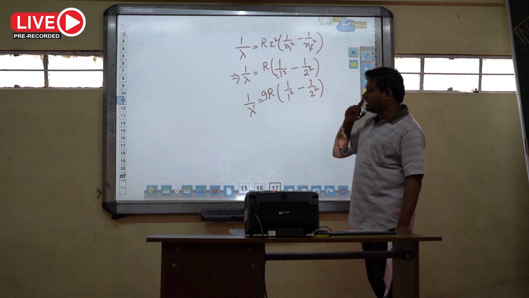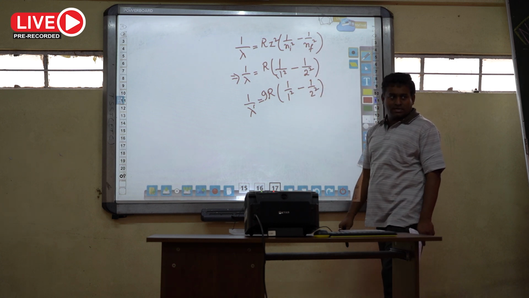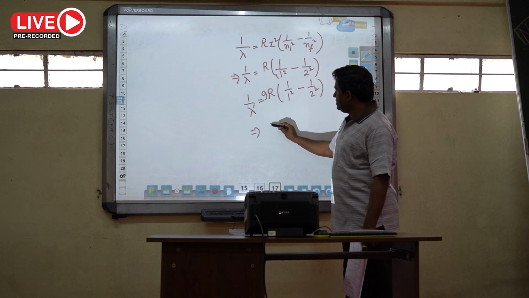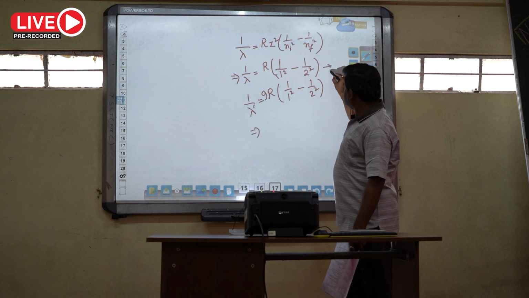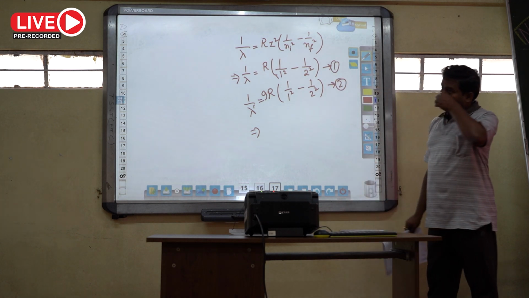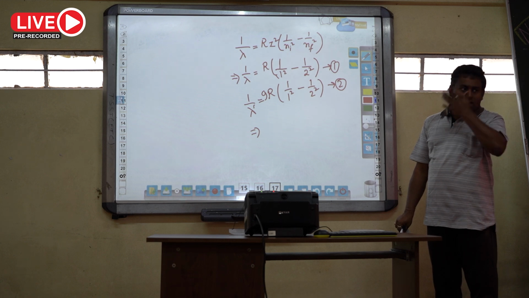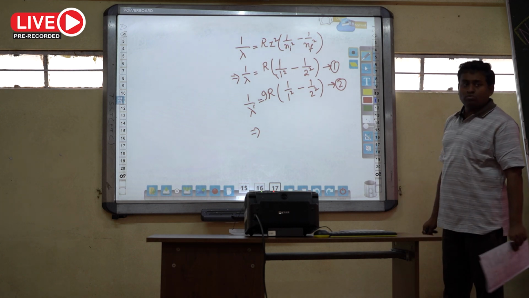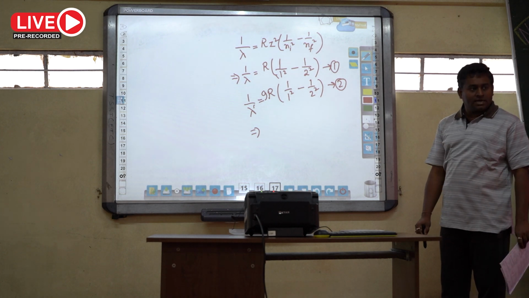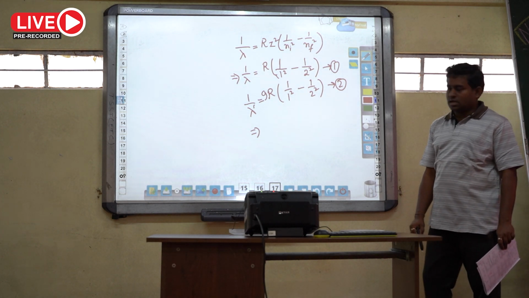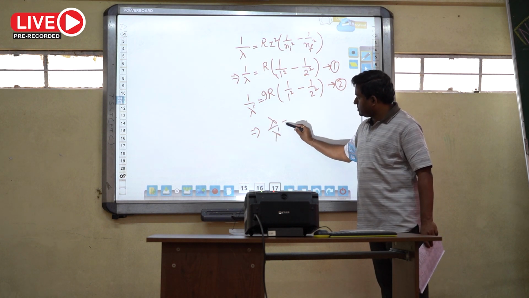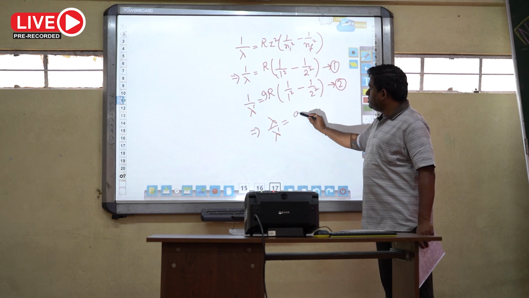So this factor will cancel when we divide. So this is equation 1, this is equation 2. I divide equation 2 by equation 1, that is 1 by lambda prime divided by 1 by lambda. So it will be lambda by lambda prime equal to 9.